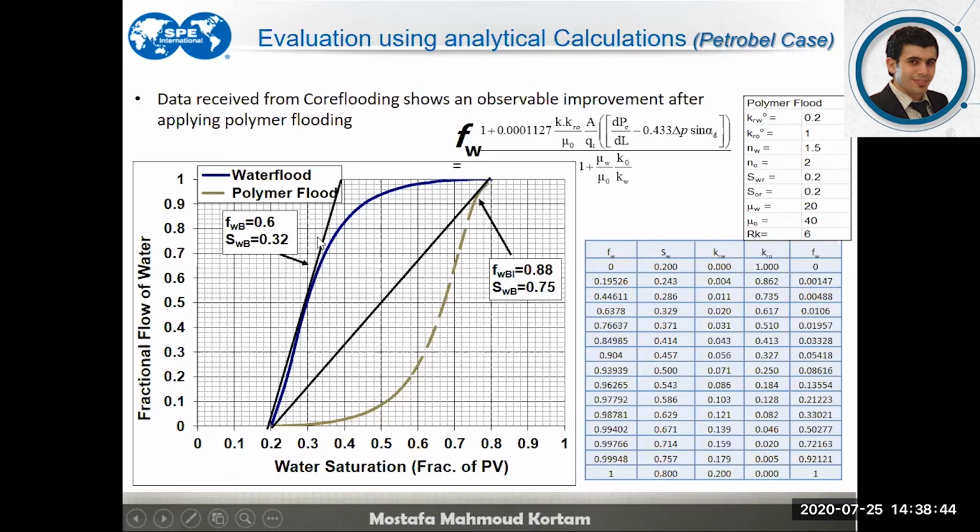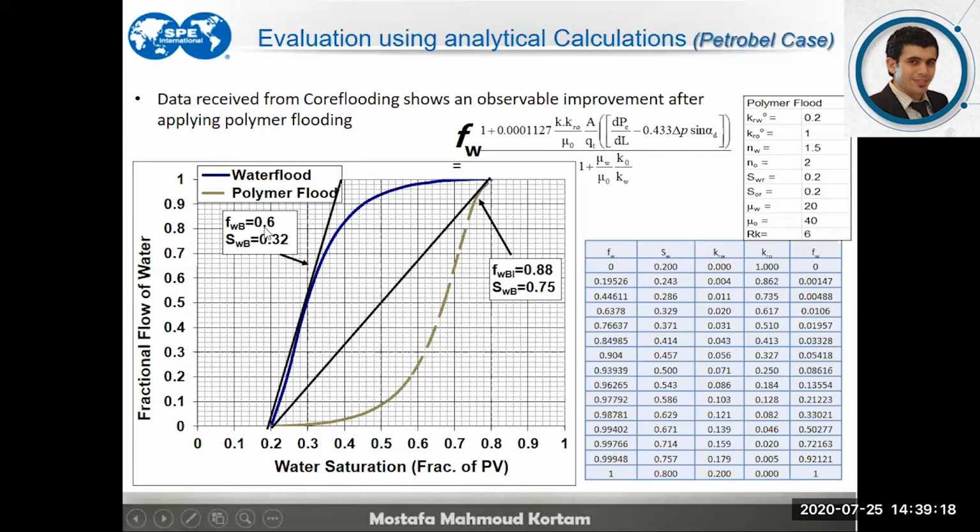The breakthrough is noted by the intersection of the tangent line that starts from Swi. So this represents the water saturation at the breakthrough in the reservoir. The average water saturation across the whole reservoir is only 0.32. With 0.32 all over the reservoir, that would produce a water cut that can reach 60%.